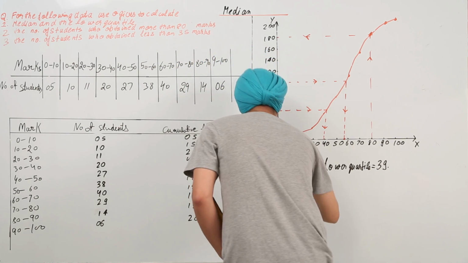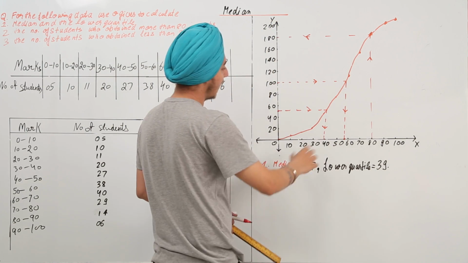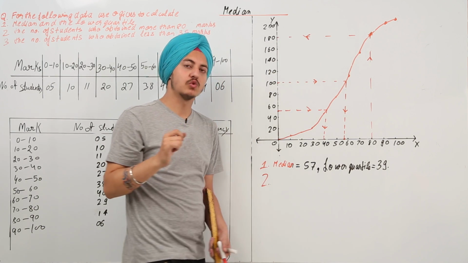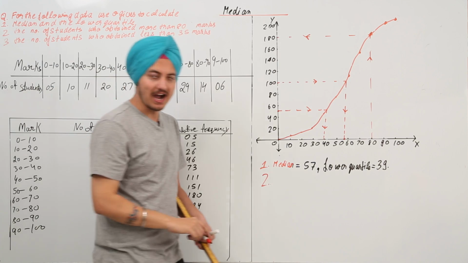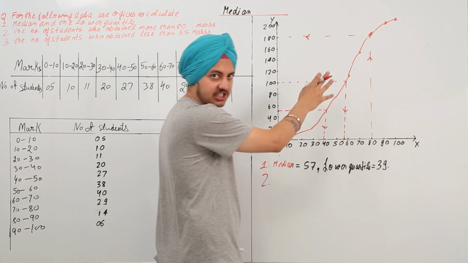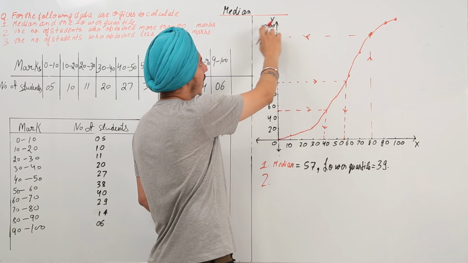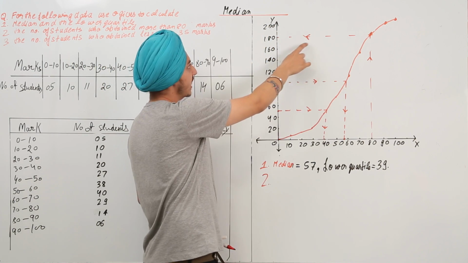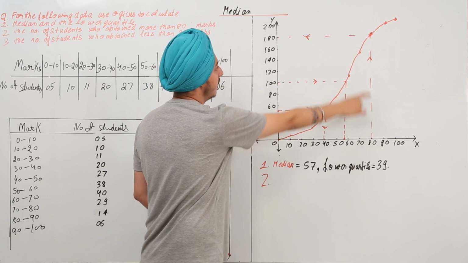So that means that if this 80 corresponds to 180, then the number of students who have marks more than 80 are the total number of students minus whatever ordinate we get from this 80.